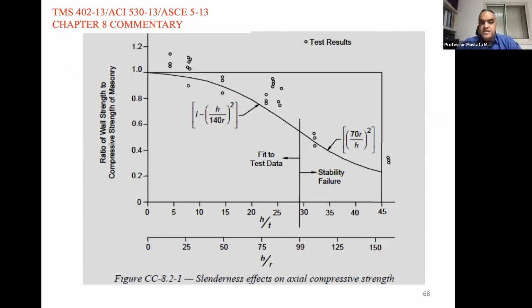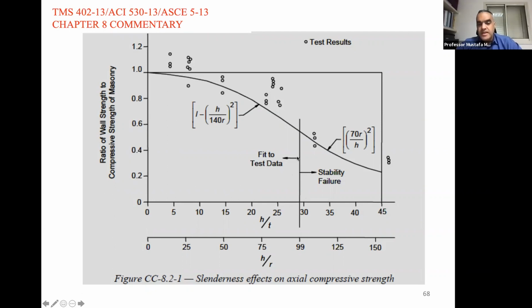It's similar in its shape. The values are different. Okay, so it depends on either H over T, the thickness of the wall, or H over R. So you have two scales here in the x-axis. So you can see here, if it's to the left of this vertical line, that's close to 30 or 99. So we're dealing with H over R in the equation, so it's 99.